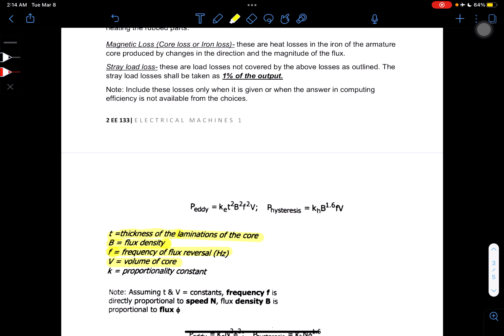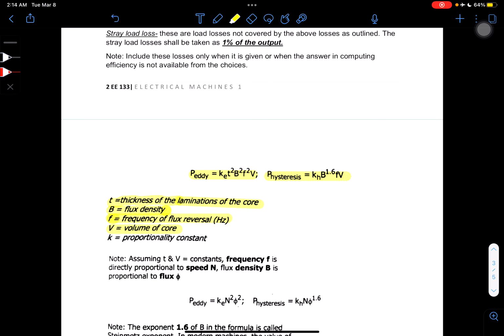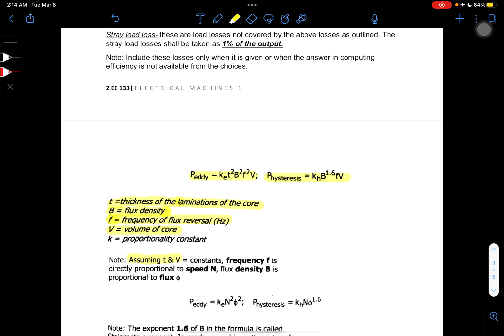So that is the formula for eddy current loss. If hysteresis, we have K constant multiplied by the flux density raised to 1.6 multiplied by the frequency and the volume. So take note, assuming t and V constant, frequency f is directly proportional to speed N, and flux density B is proportional to flux.